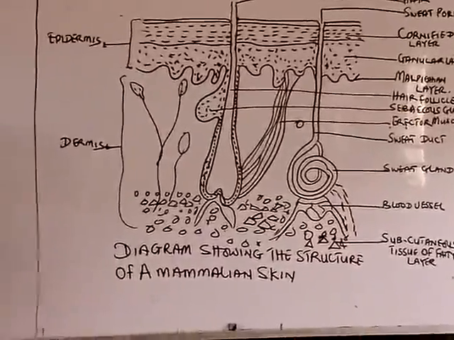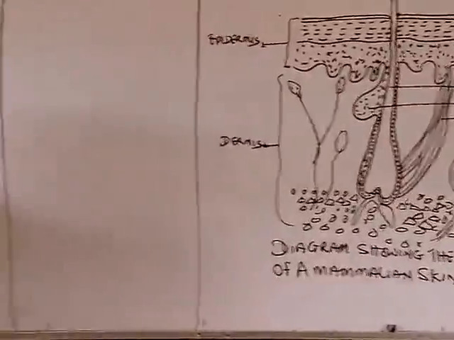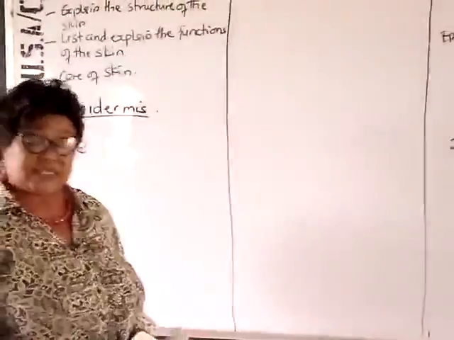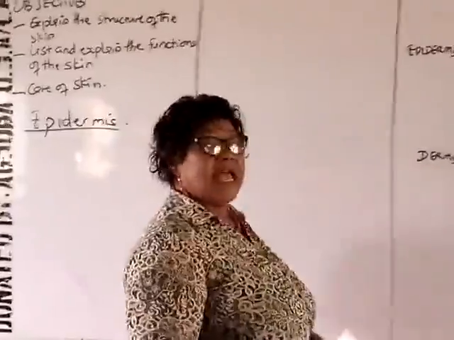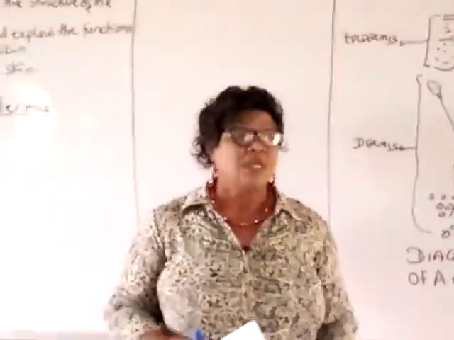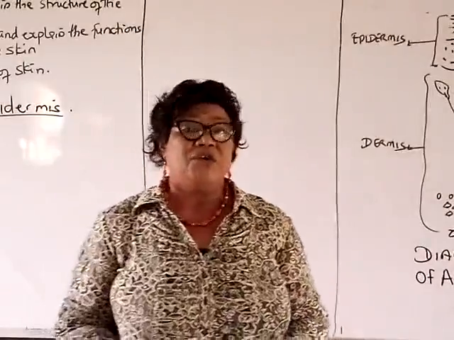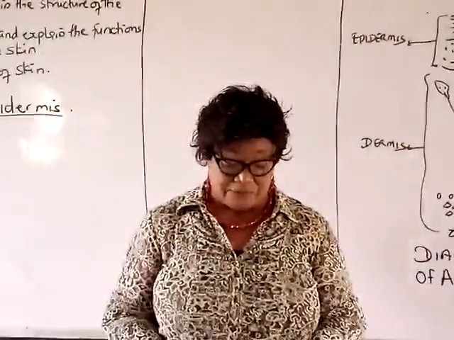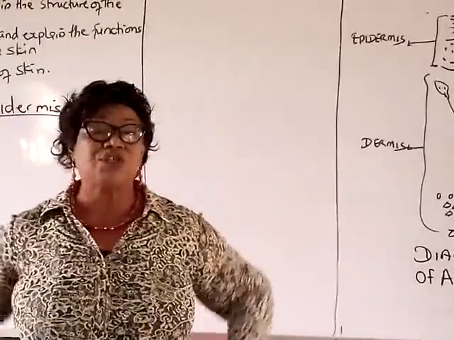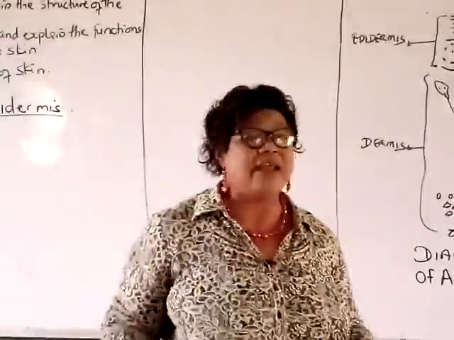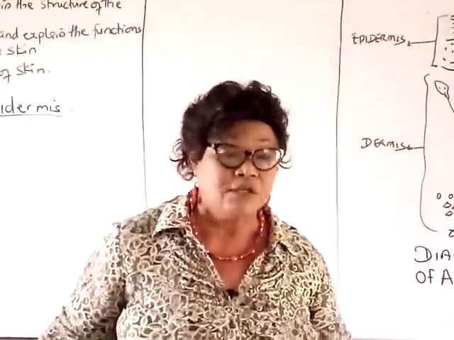The epidermis. I said the epidermis is the outermost part of the skin, giving a large coverage of the skin. It is an external covering of the internal environment of the skin, and also shows various thickness depending on the areas that are highly exposed to pressure.